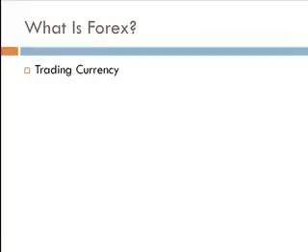So what we do with Forex is we buy low and sell high. As an example, if I buy the euro while its value is low, and then I hold on to it until that value goes up, and then I sell that euro back in exchange for a US dollar, I will realize a gain. It will be more valuable.